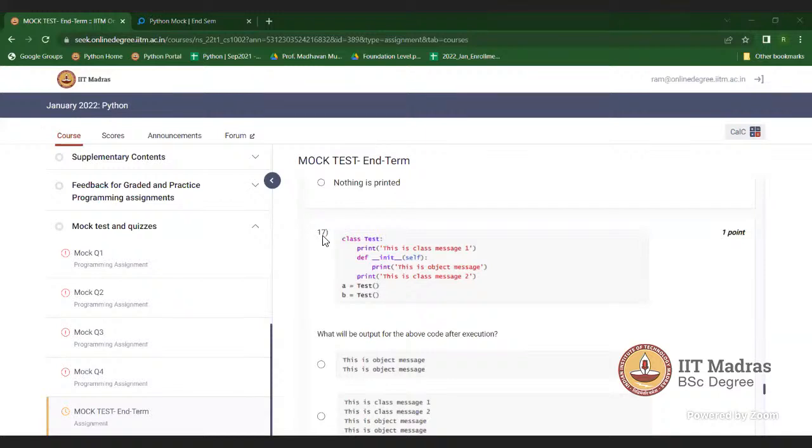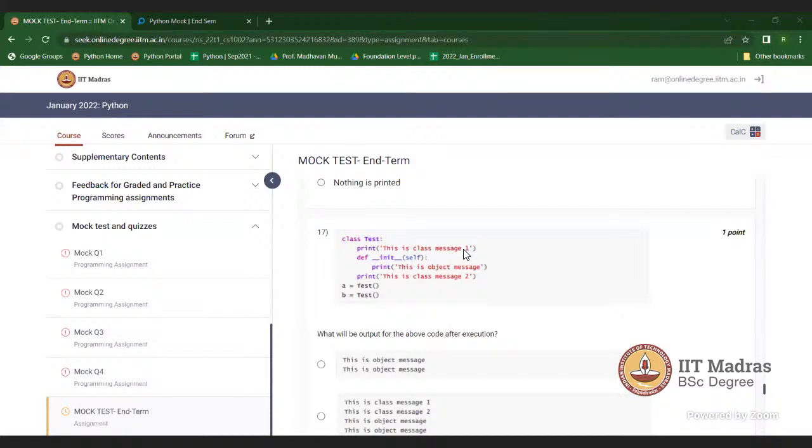Thank you so much. Sir, just a quick reconfirmation about this question. In line number 2, the print message is just after the class, so it belongs to the class, not to the object, right? That is the reason why it is getting printed on its own.